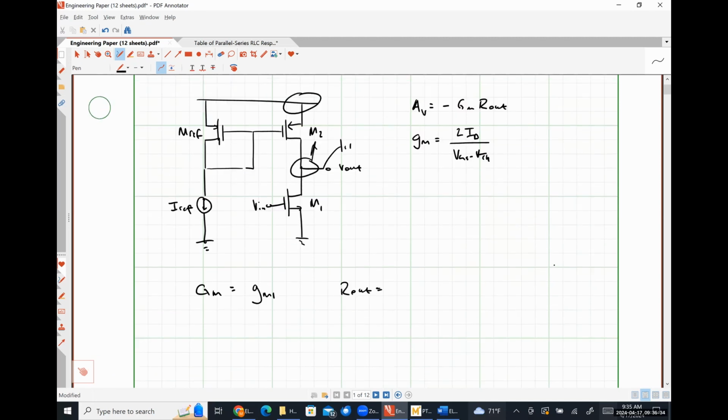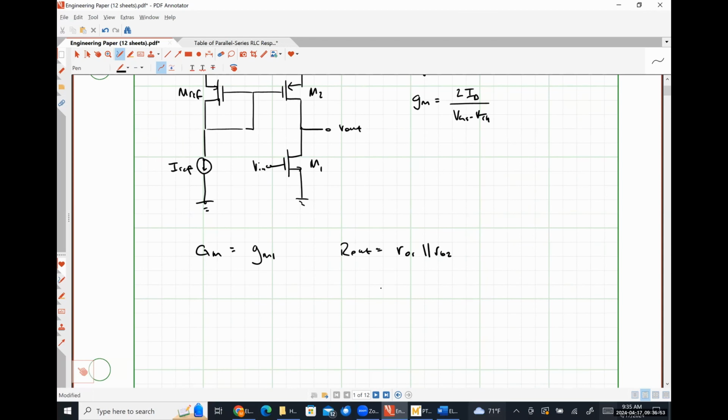What should R out be for this thing? R01 in parallel with R02, right?